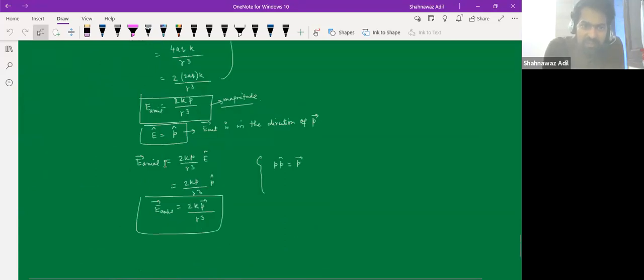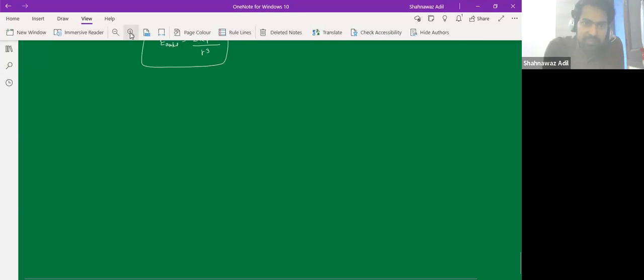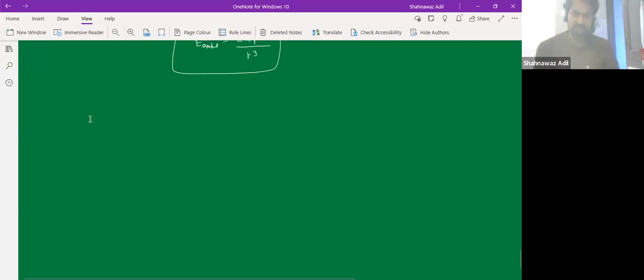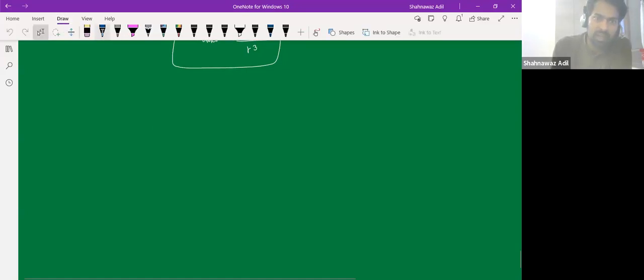Now we will calculate the electric field due to the dipole on an equatorial point. So let us calculate that. How much would that be? This time I will not use this shape.